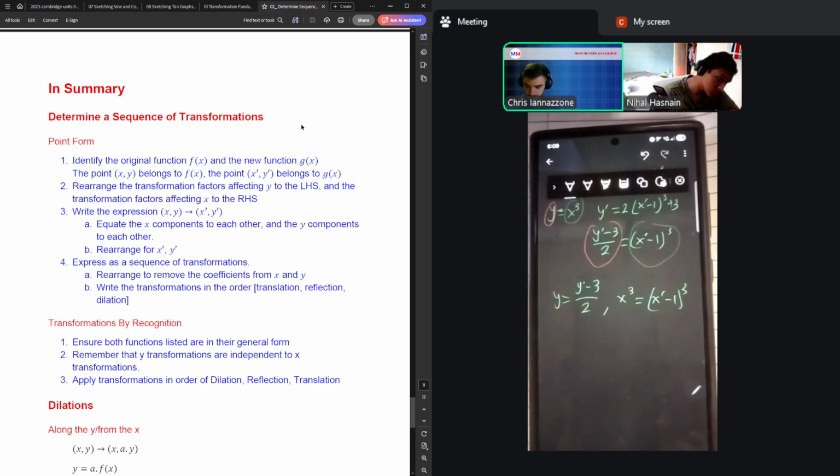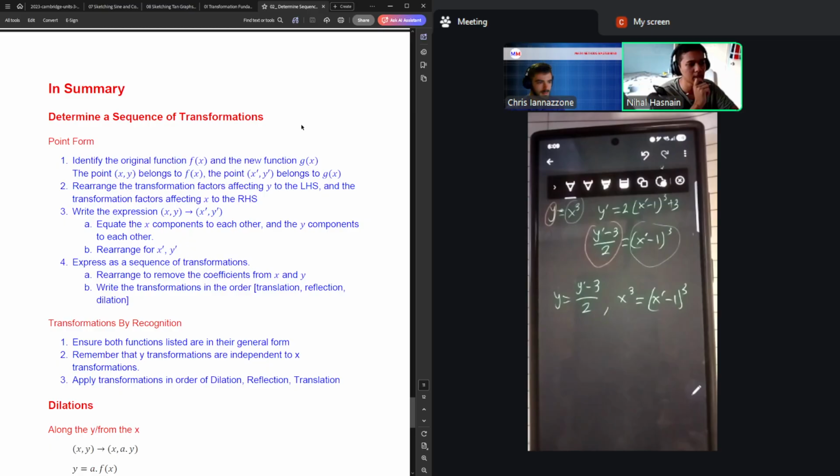What else? I'll let you finish writing. Are we done with step 3?